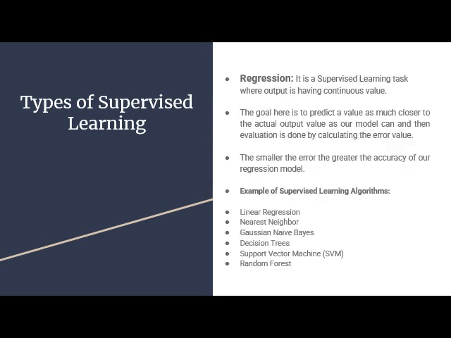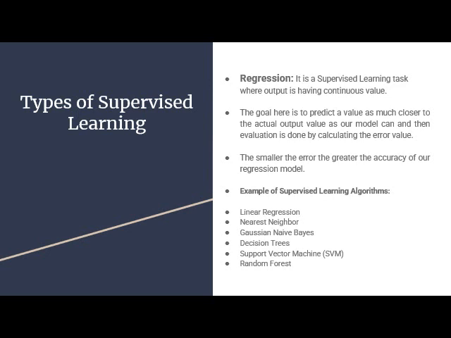Next type of supervised learning is the regression. It is a supervised learning task where output is having the continuous value. Here the goal is to predict a value which is much closer to the actual output, and then after that we calculate the error by seeing the difference between the actual output and the predicted output.